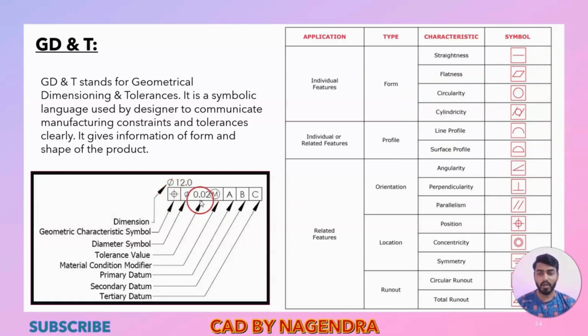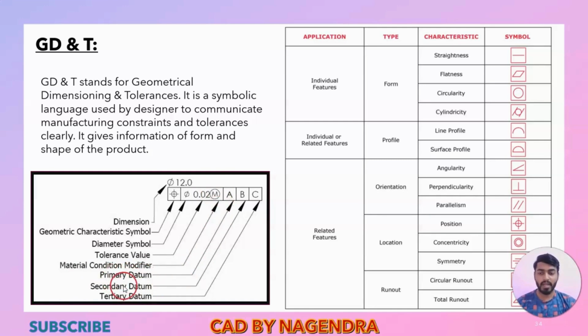Then in the second block, if we are dealing with circular objects, we need to mention the diameter symbol here. Next we have the tolerance value, how much tolerance, how much variation we need. Then the material condition modifier we need to mention here, either maximum material condition or least material condition.